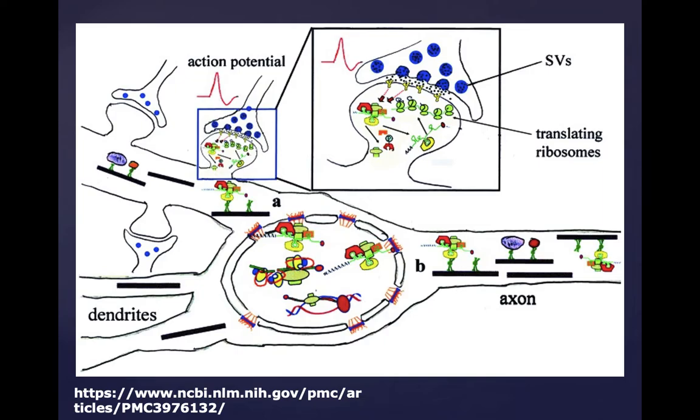So the motor proteins in the cytoplasm cause the RNPs, the complexes, to go either to one portion, the axon, or another portion of the neuron, the dendrite.